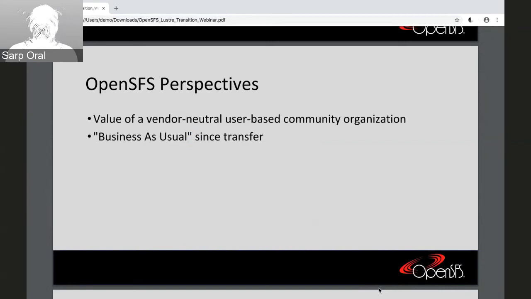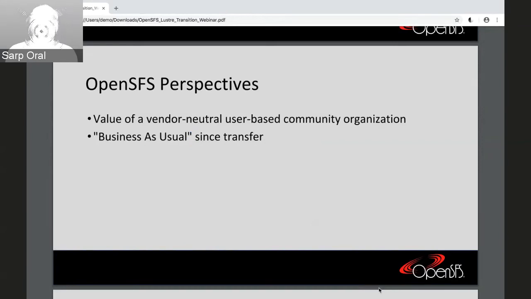That being said, from the OpenSFS perspective, and keep in mind that we are vendor neutral, so far we haven't seen any disruption or anything negative with the transfer of Lustre assets and capabilities from Intel to DDN. So I want to thank DDN for keeping this open and accessible to the community.